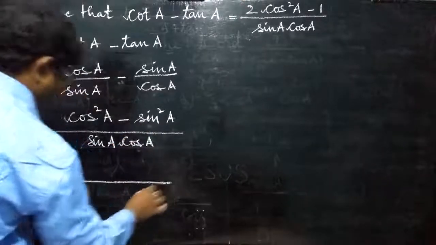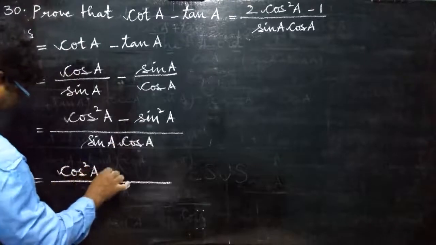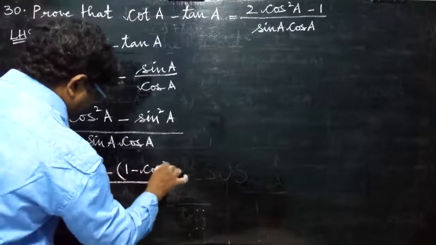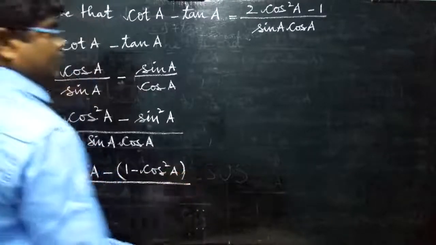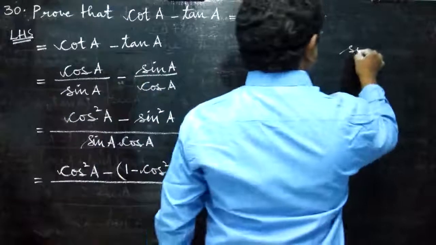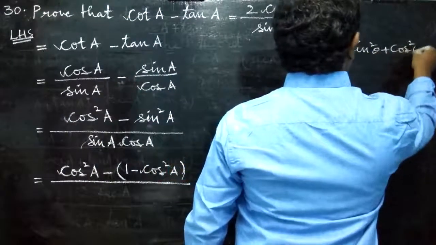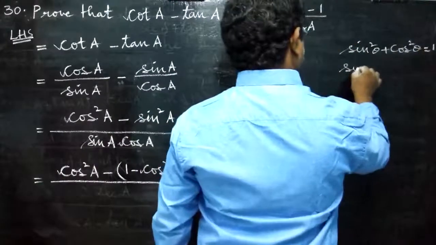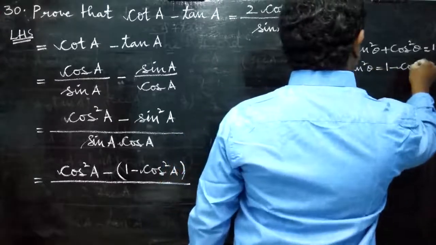Cos square A as it is, in the place of sin square A, 1 minus cos square A. From where did we get this? From the identity. What is that identity? Sin square theta plus cos square theta is equal to 1. Sin square theta is equal to 1 minus cos square theta.